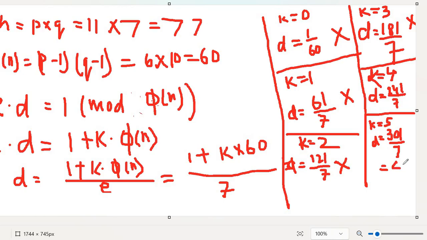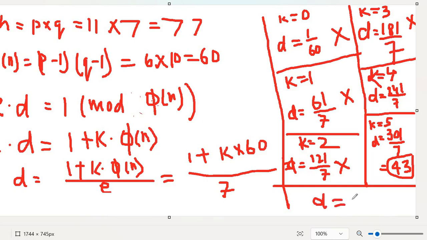You can check that the first value of k for which we are getting a complete integer value for D is 5. So that we are going to take as D. So the value of D will be 43. That we can finalize now.